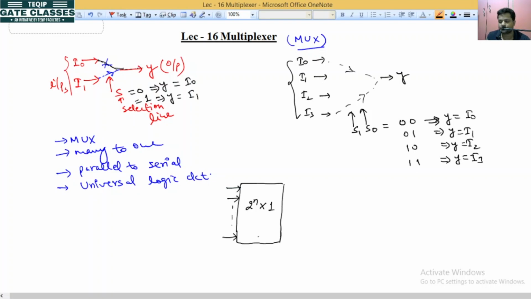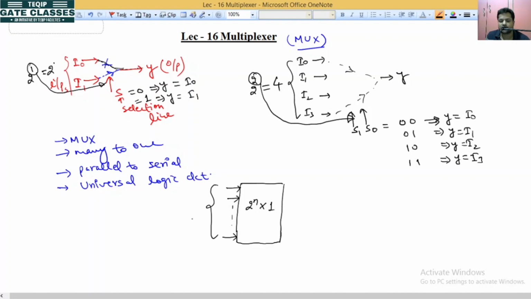Okay? And here we have how many inputs? 2 inputs. So how many selection lines are there? We can write this 2 as 2 to the power 1. So how many selection lines? 1 selection line. Here we have how many? 4 input lines, so it can be written as 2 to the power 2. So how many selection lines are required in this case? 2. What does it mean?